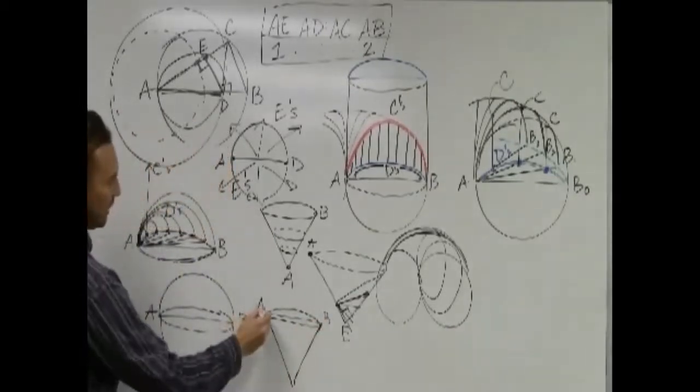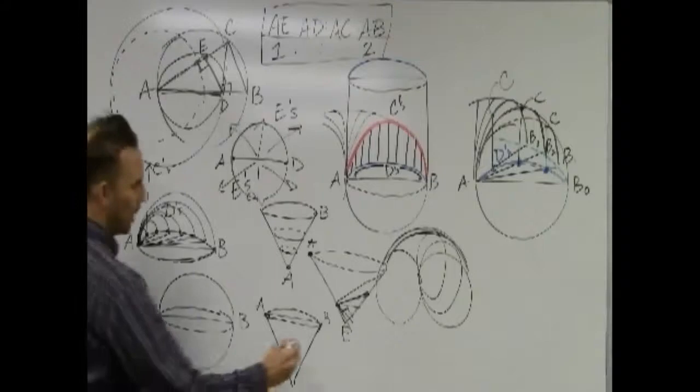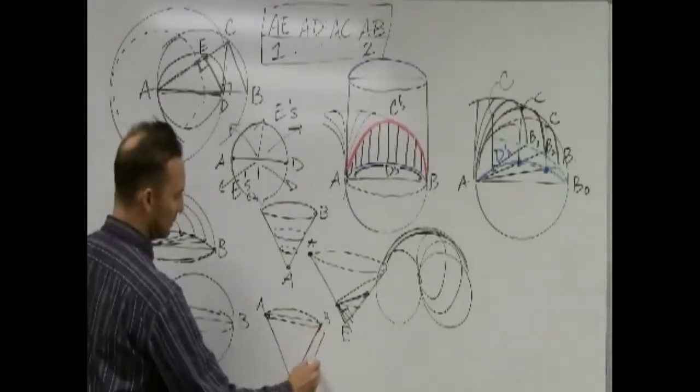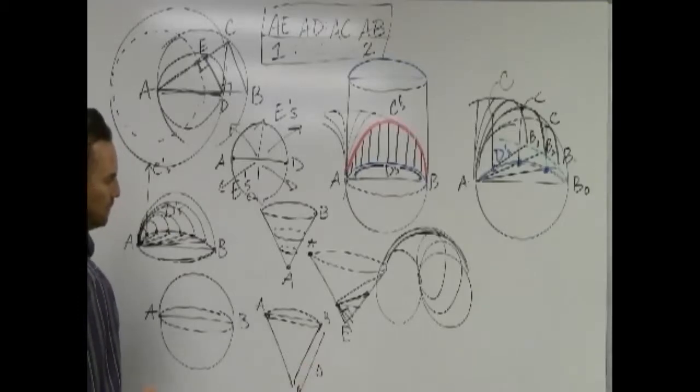If I say this is A, and as people were talking, maybe this is D. You only get circles if it's perpendicular to the axis of the cone.